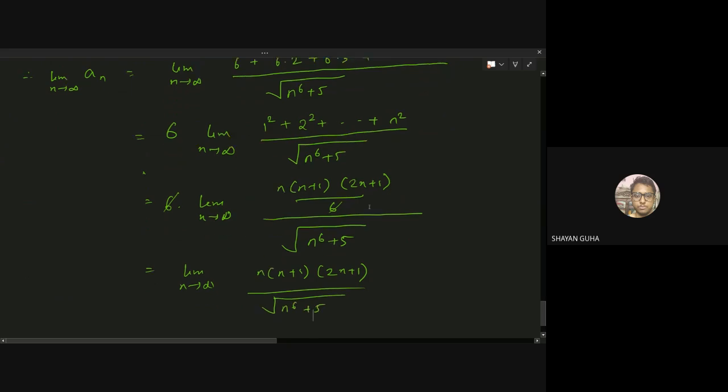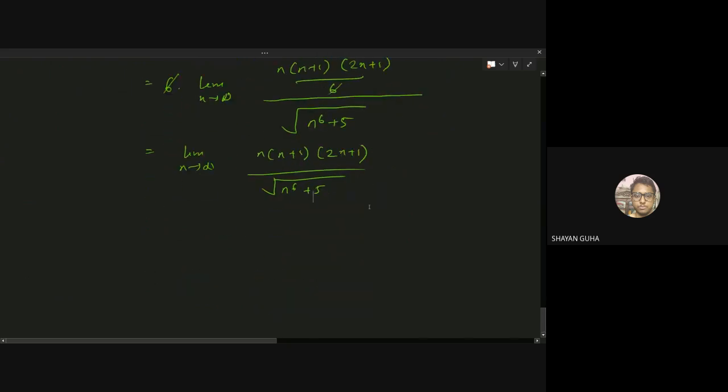Now here is one part. Now tell me one thing. In the numerator portion, it's a polynomial of degree 3, right? Can I say the numerator has a polynomial of degree 3? It's a cubic expression.